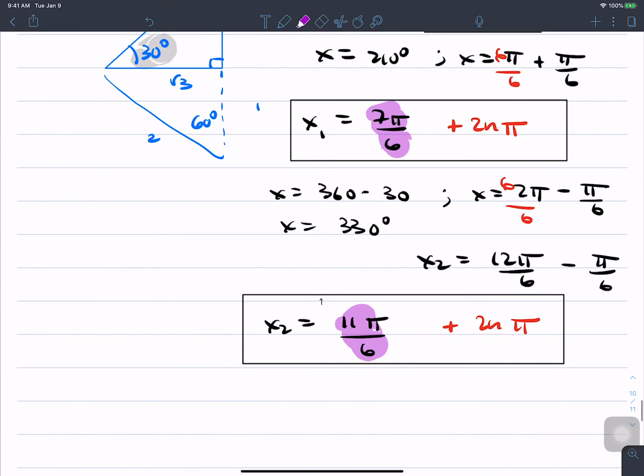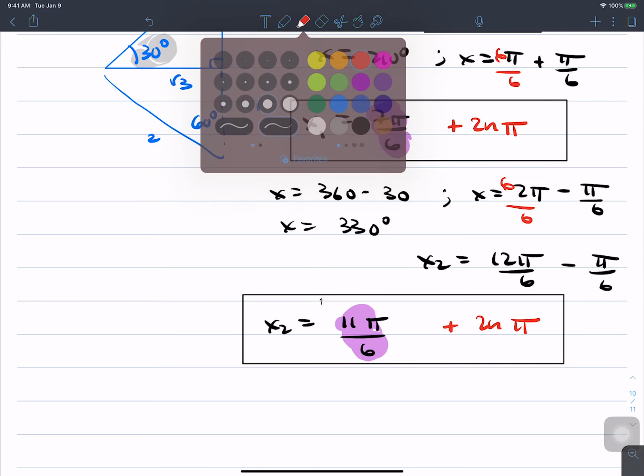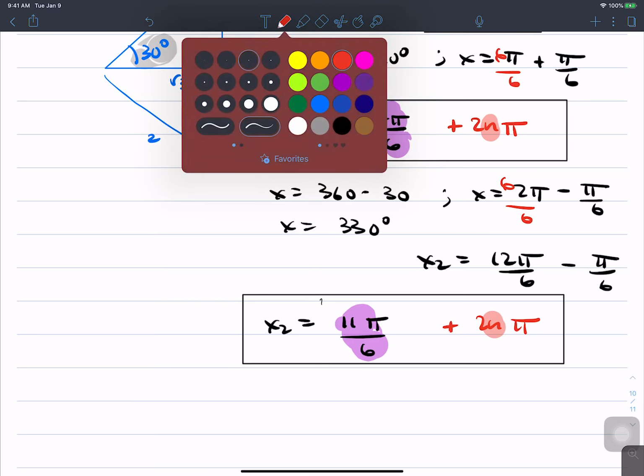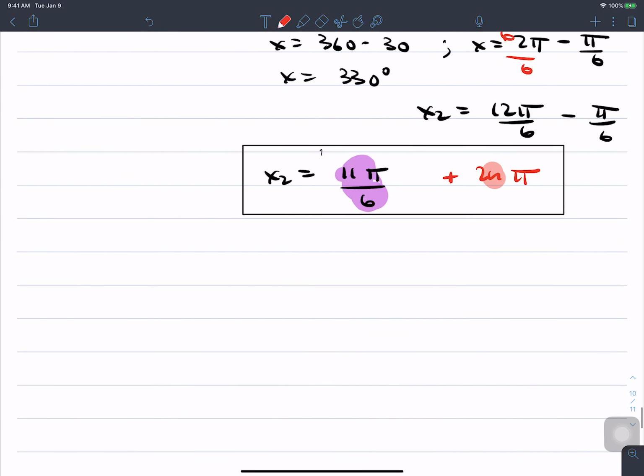And this is n. This is that n value they're talking about here. N. So that's your general solution. N is an integer. N is all these values. And then that comes from your solving a real trig equation by definition. There's your integer values.